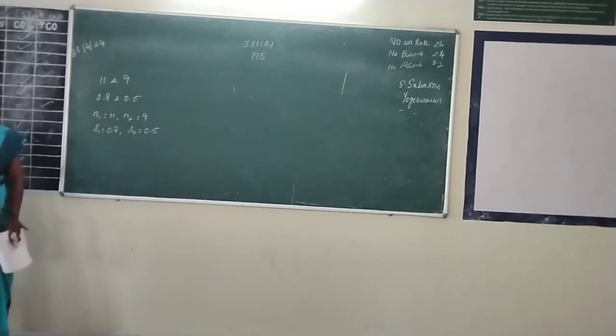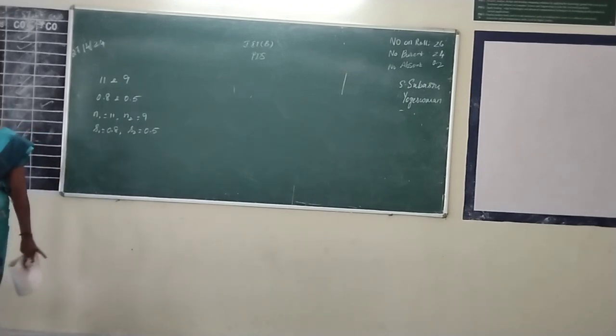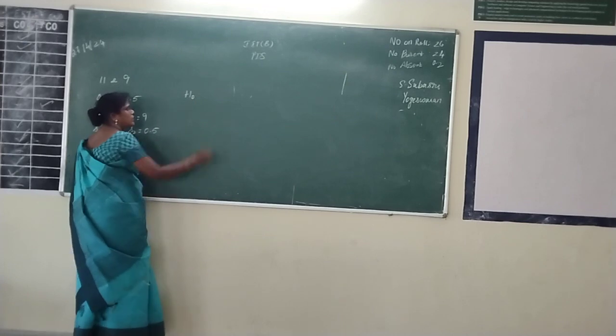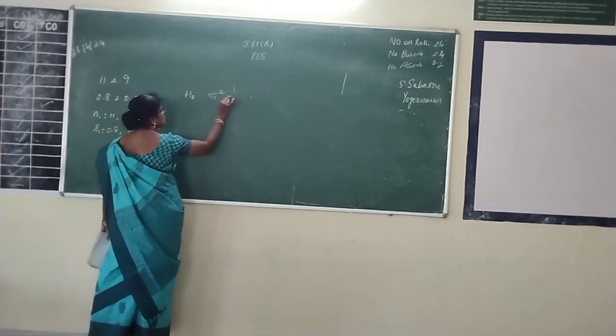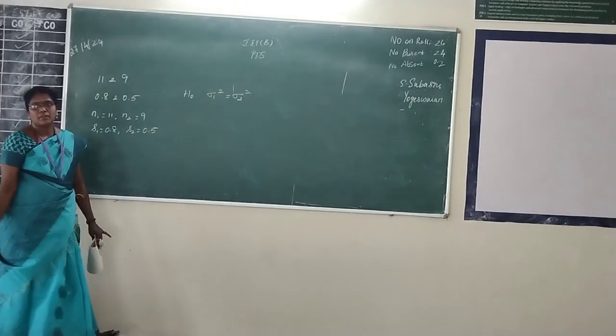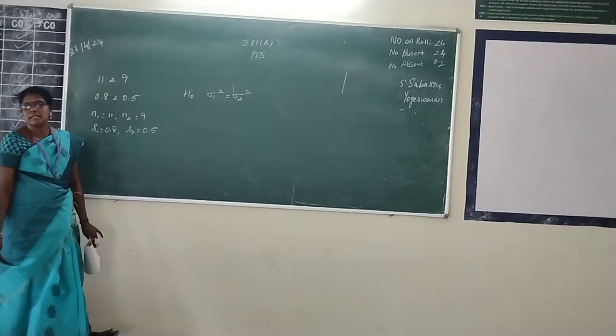What is the next step? H0 and H1. So write H0. We are asked to discuss the variance, so sigma1 square is equal to sigma2 square. Always standard. H1 will vary. What is H1 here?